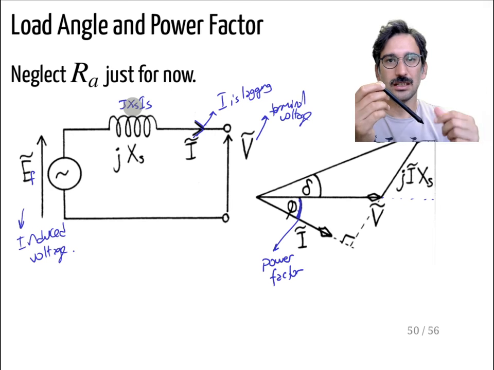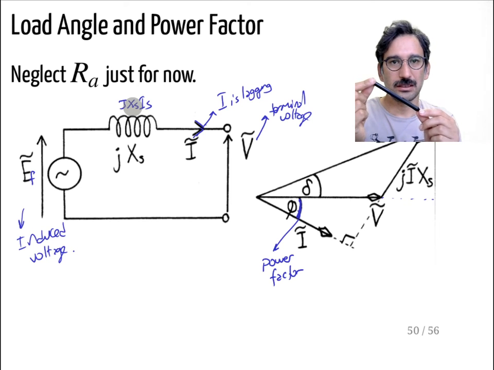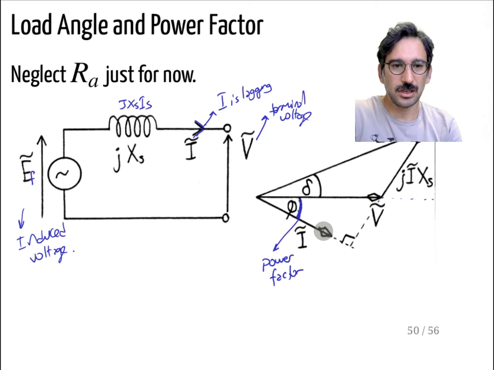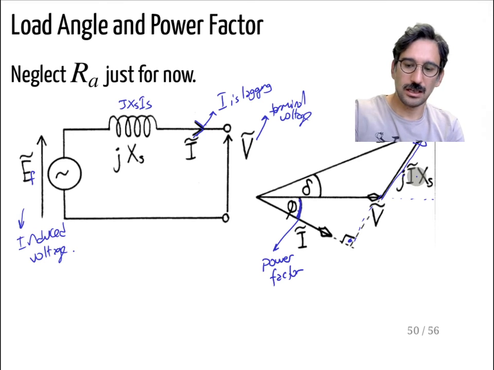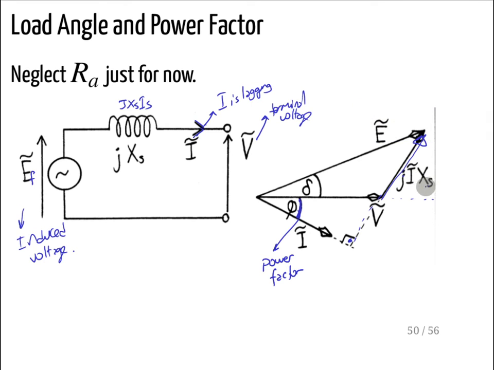If it is sine, it becomes cosine. So you have the I vector lagging behind the voltage, and you are multiplying by jXs, so the voltage drop becomes a 90 degree phasor like that. So it is j times I Xs. That is the voltage drop here.